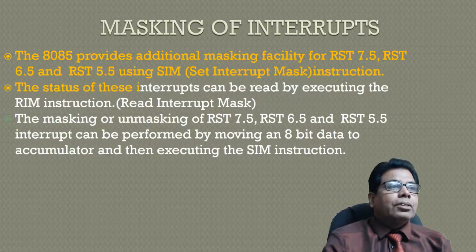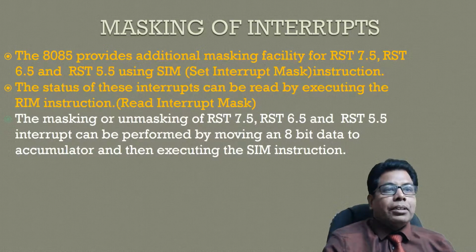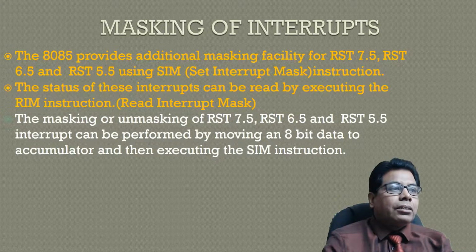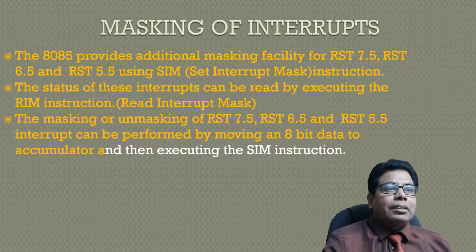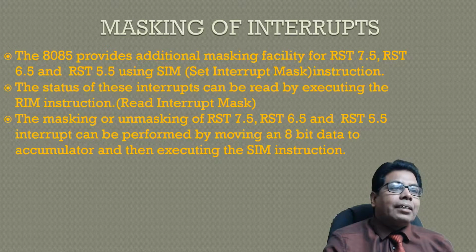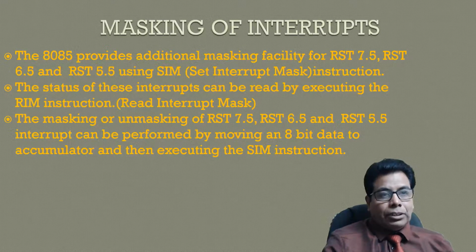The status of these interrupts can be read by executing the RIM instruction, that is read interrupt mask. Now first, unmasking of RST 7.5, 6.5 and RST 5.5 interrupts can be performed by moving an 8-bit data to the accumulator and then executing the SIM instruction.